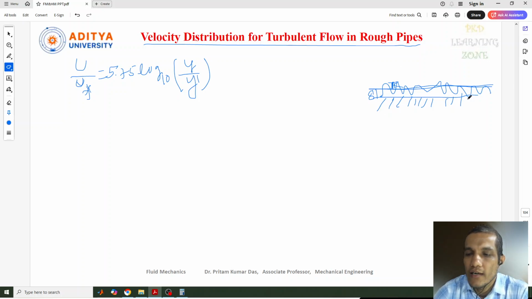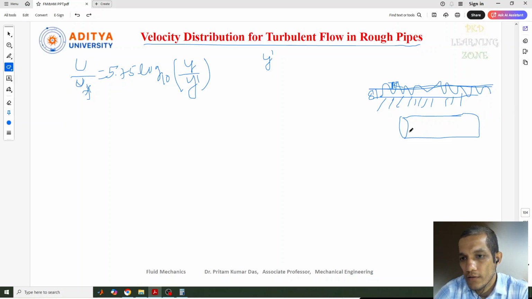Again, someone did some experiments and found the value of y dash for a pipe coated, because when the pipe is there, we get the roughness in the pipe only. The roughness at the surface is very, very small.